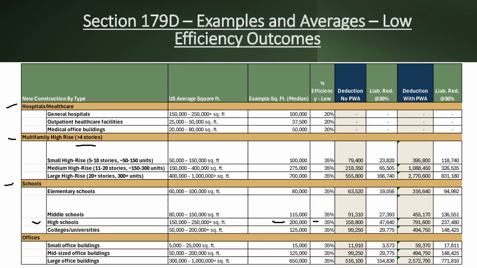And since this was a lower efficiency at 35%, without prevailing wage, you can still yield almost $159,000 deduction, and with the prevailing wage, now you're upwards of $791,000 in deductions. So you can see how the cash value really is impacted by the type of work that your clients are already doing on a consistent basis.